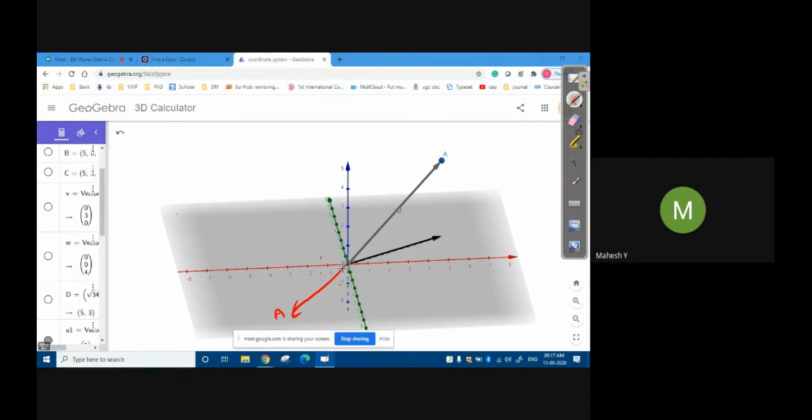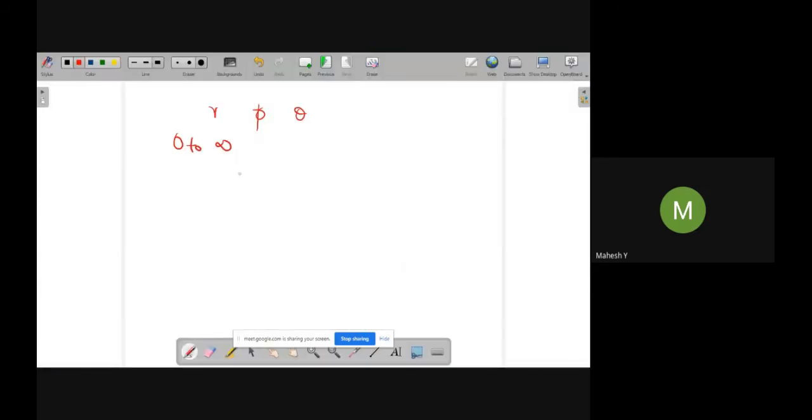Length is the value from the origin to that point, how much it is there. So if I shrink this one, I can reach here only. So that is the minimum length. And if I extend, it will go up to infinity. Okay, I think you are clear with this.